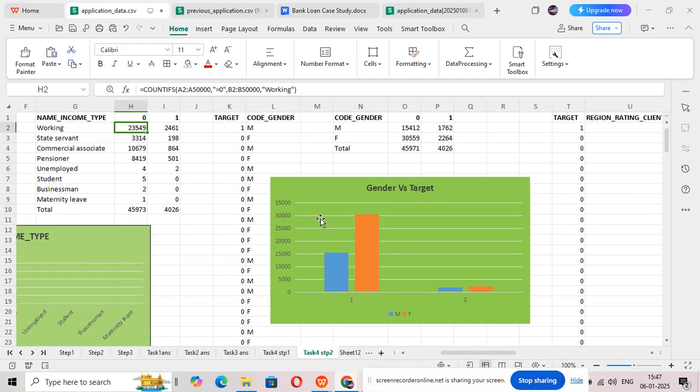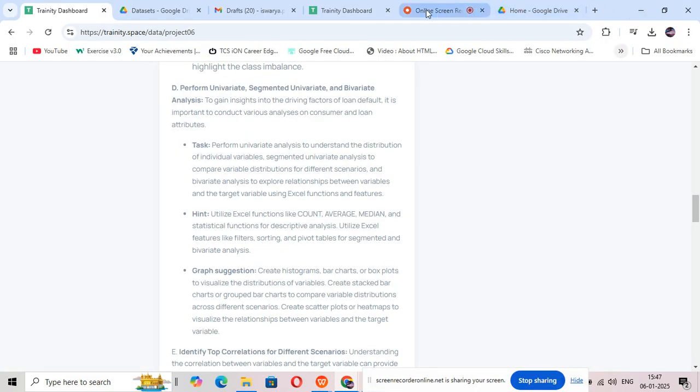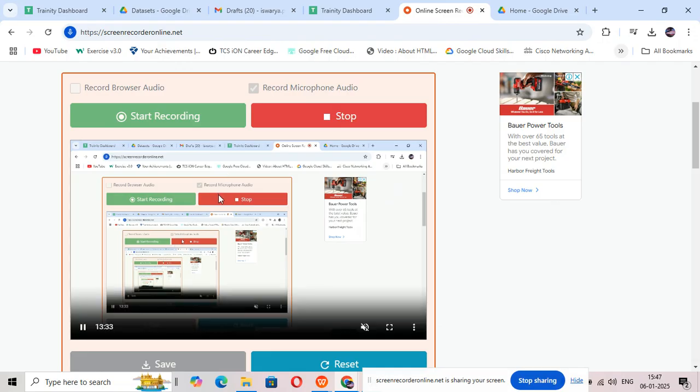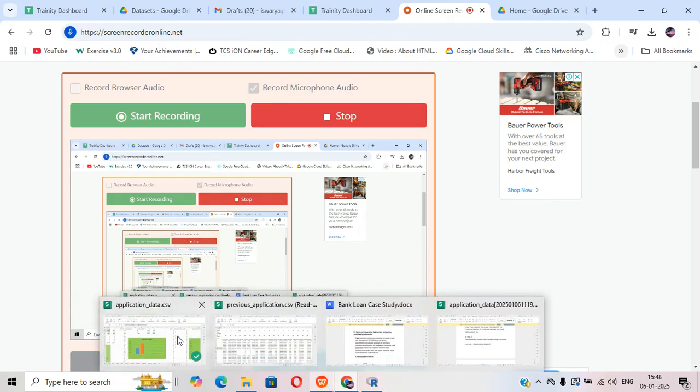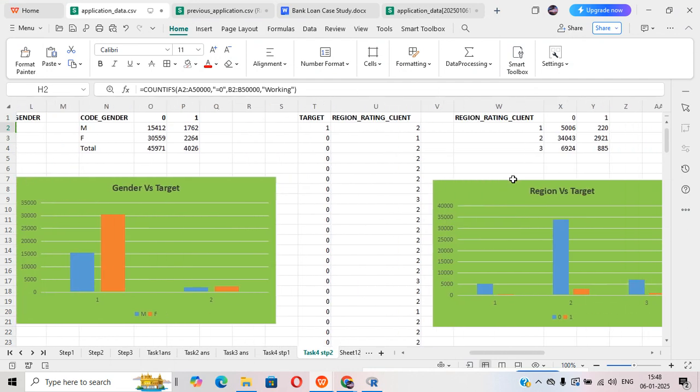The same way I have calculated for gender, region rating.